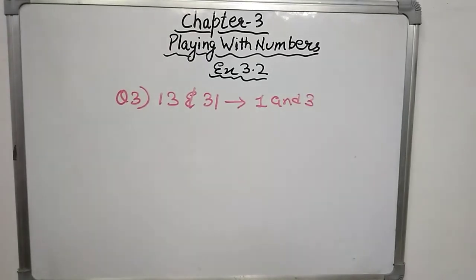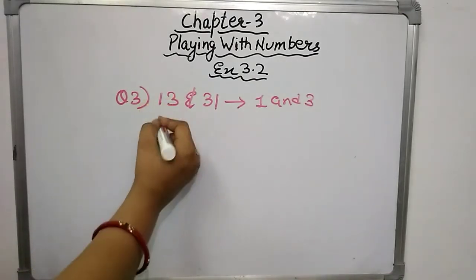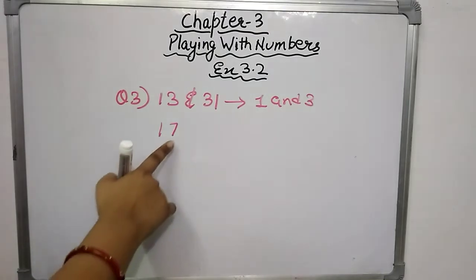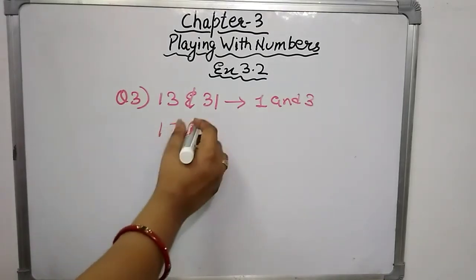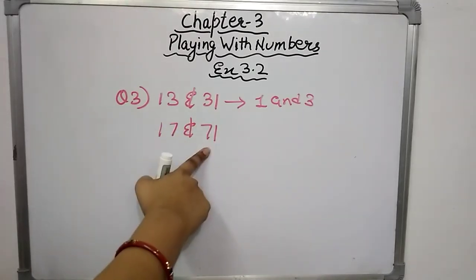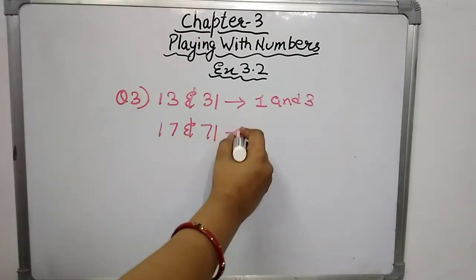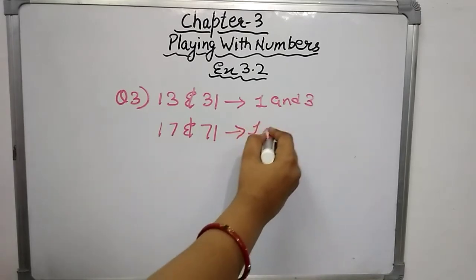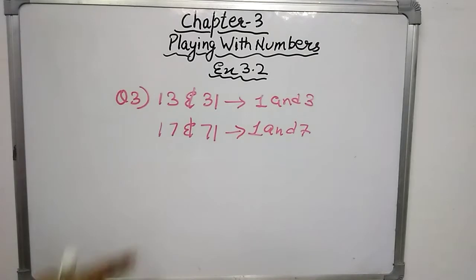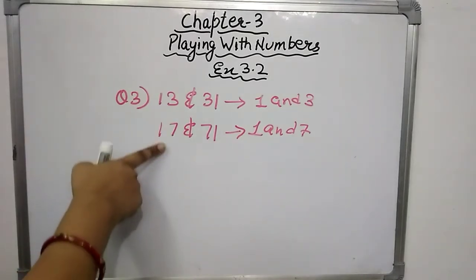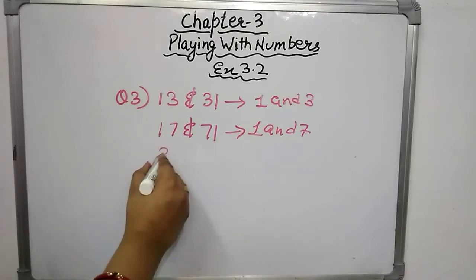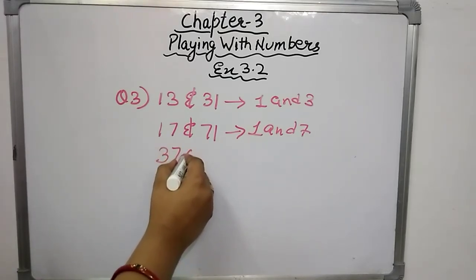So let's find out. After 13, the prime number is 17. And then we can write down 71. 17 and 71 both are prime numbers and they have the digits 1 and 7. Moving forward from 17, we get the next prime number as 37.